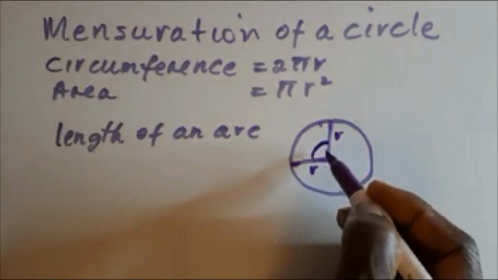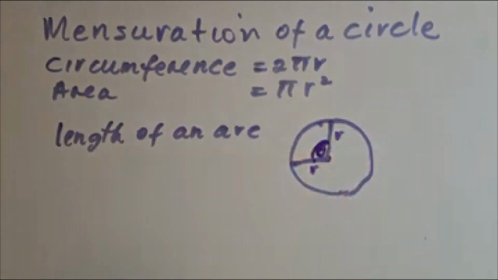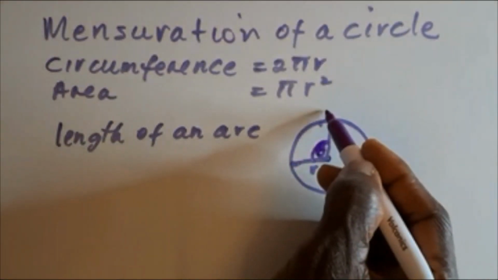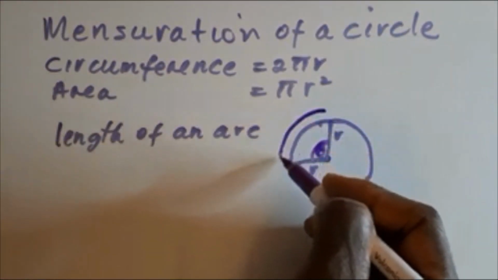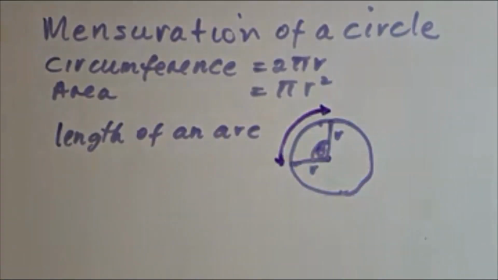We have the angle subtended at the center is called theta, and we're trying to find the length of this arc here. So the arc subtended by the angle theta.